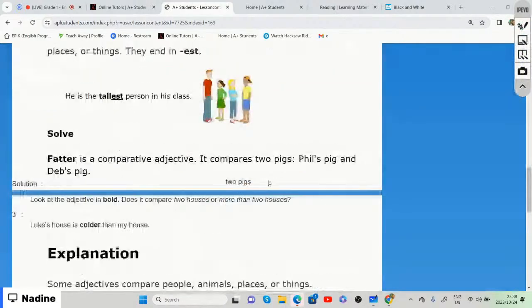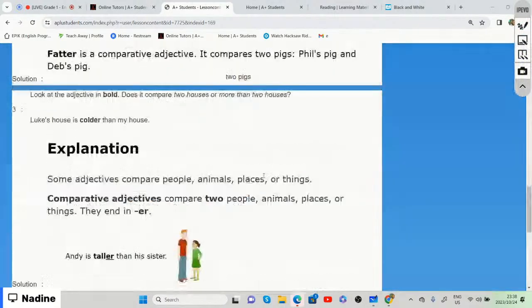All right. Luke's house is colder than my house.